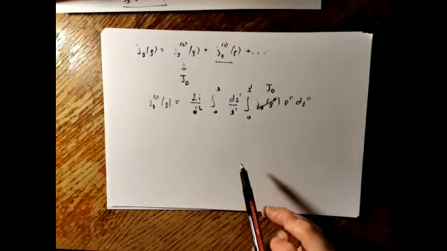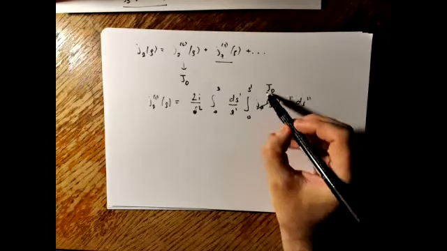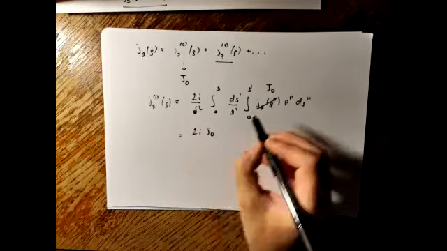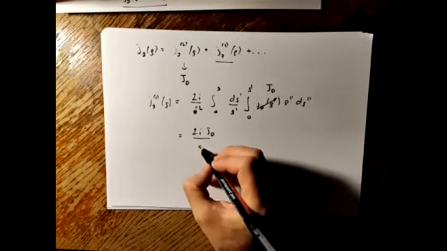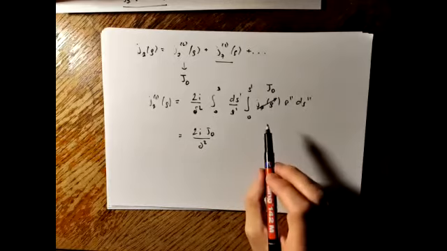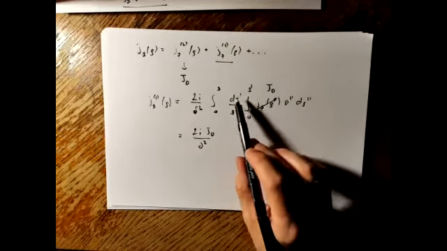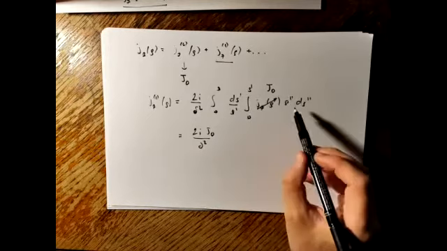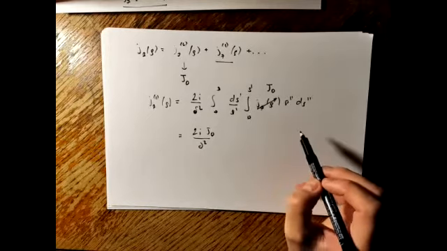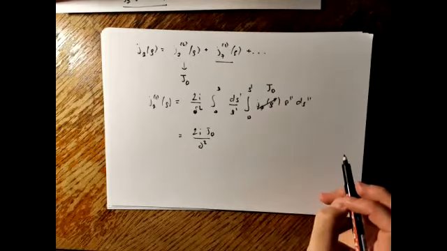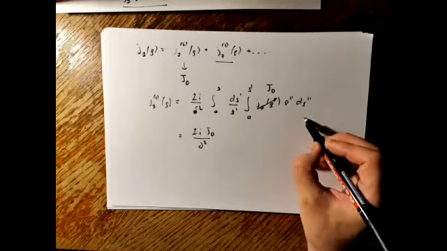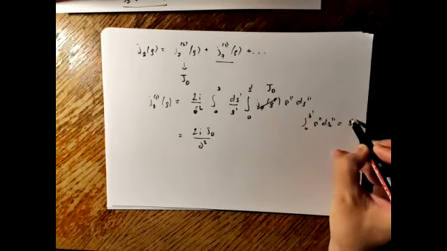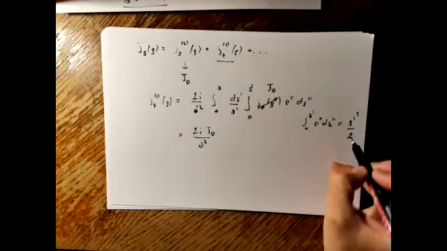If Jz is a constant, then we basically have 2I, J0 rather, which is a constant, divided by delta squared, and then we just have to integrate this. The first integral, from 0 to rho prime prime of d rho prime prime, gives us rho prime squared over 2.